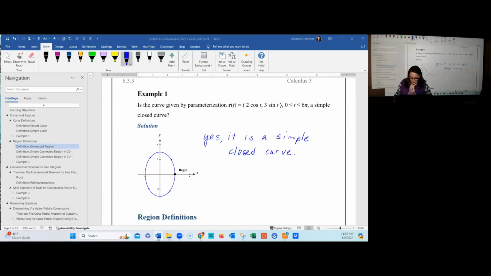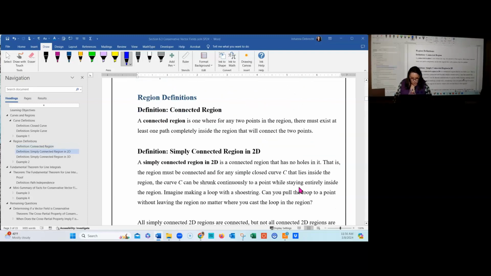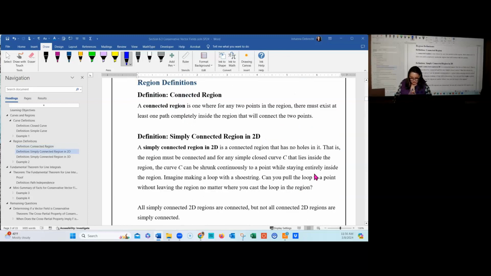Now let's define our regions. We want to start with the idea of a connected region. When we talk about a connected region, we want to take one where, given 2 distinct points in the region, there must exist a path that connects you from point A to point B, and it stays completely inside of the region.